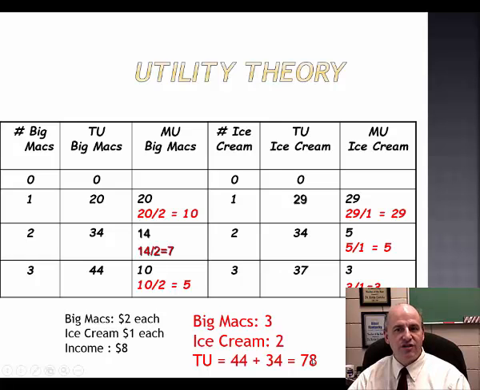There is no other combination that I can afford that would give me more satisfaction than 78. So in this unit, you've discovered that utility is a way that we measure our satisfaction, and by focusing on the marginal utility to prices, we're able to determine at what point we maximize our level of utility.